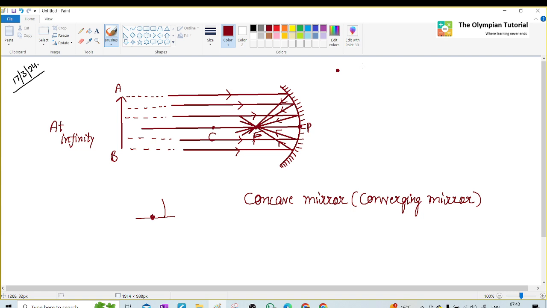The light reflected by the mirror onto a sheet of paper held close to the mirror.